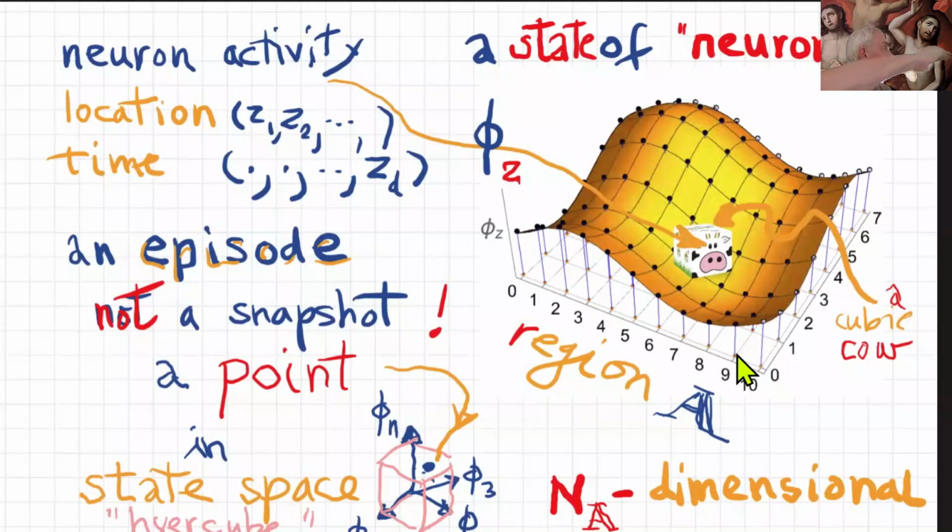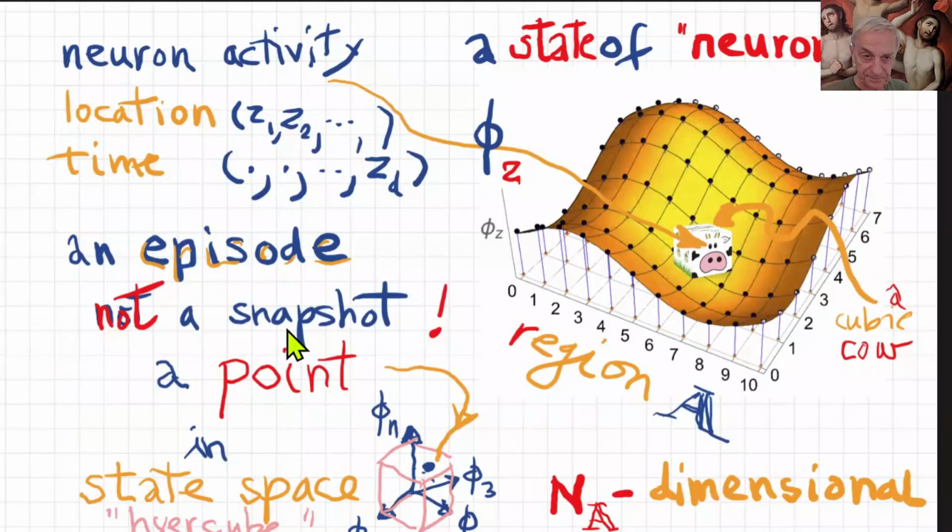This surface shows the values of, let's say, firing rate or whatever at a particular site Z. And typically I have to do this over finite regions. In physics, I can make regions infinite, but in brains, we take finite areas.